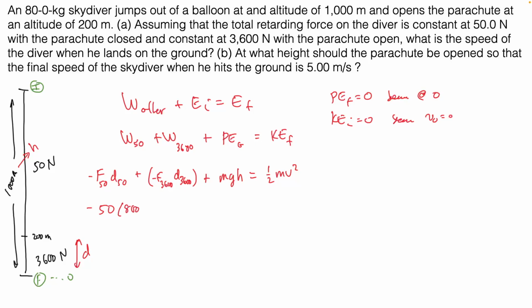It acts for 800 meters. Right? And then I'm going to add on a negative thing here. So negative the 3,600 Newton force, which is 3,600 newtons. And how far did that force act? What distance? 200. Plus mgh. So it's an 80 kilogram skydiver on planet Earth, and the distance is 1,000 meters.